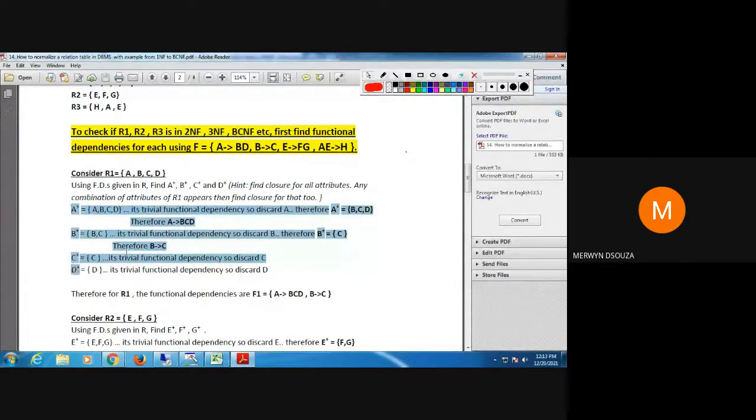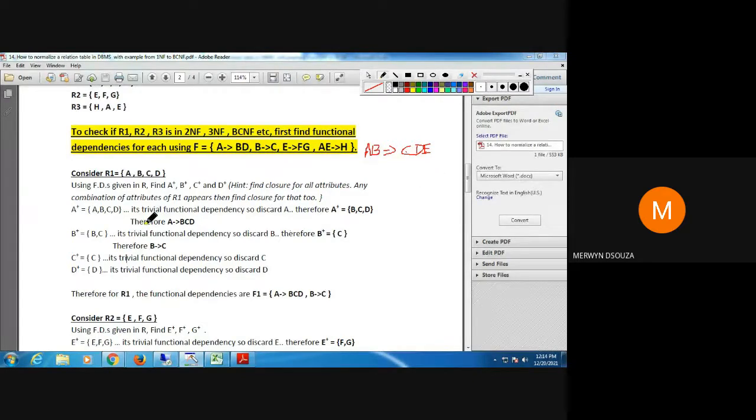Now, one more important thing to keep in mind is, suppose I had one functional dependency like this, AB, which is a combination. Say AB determines CDE.